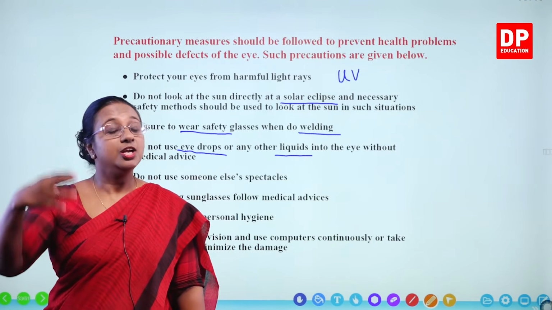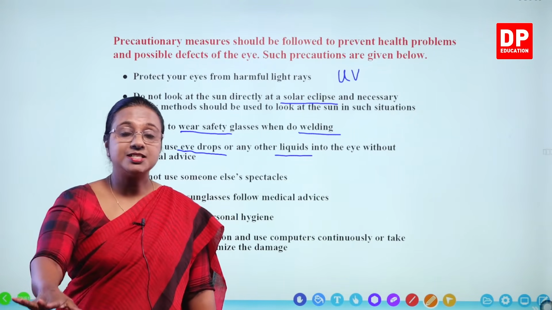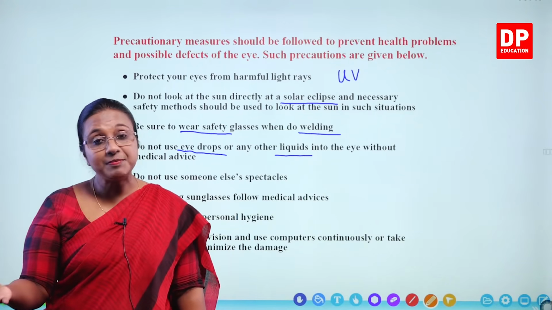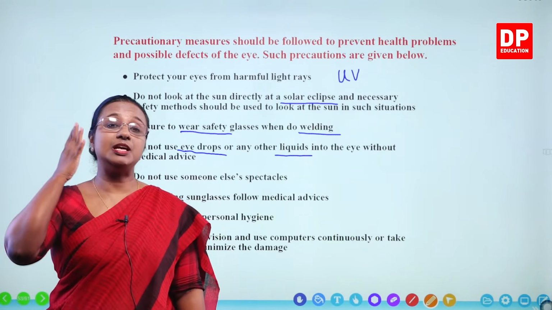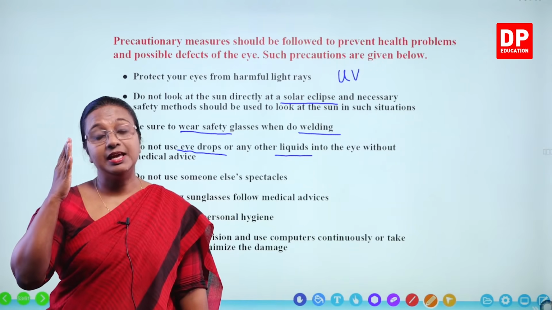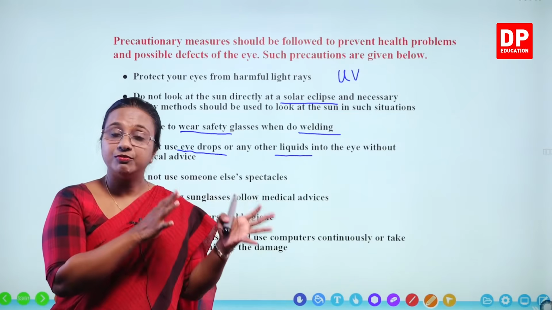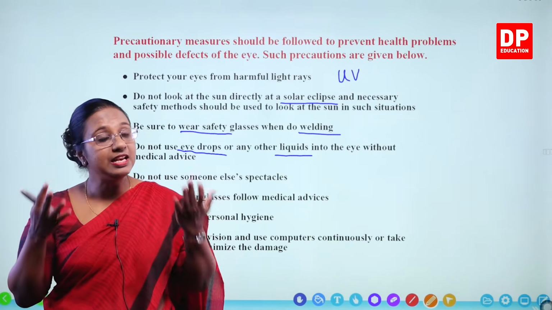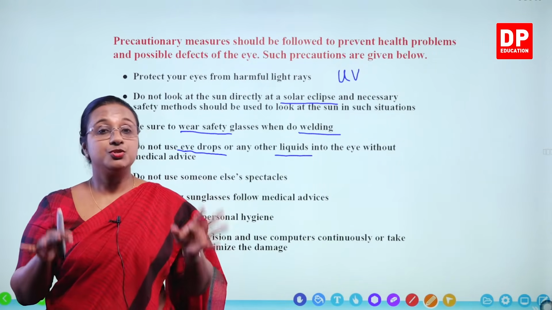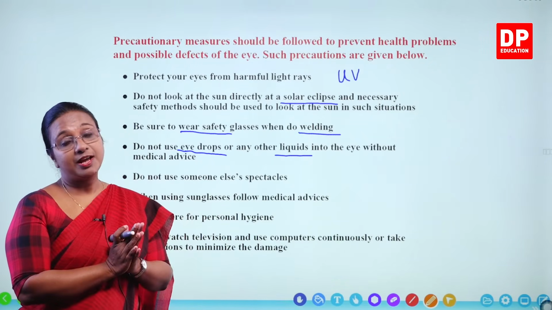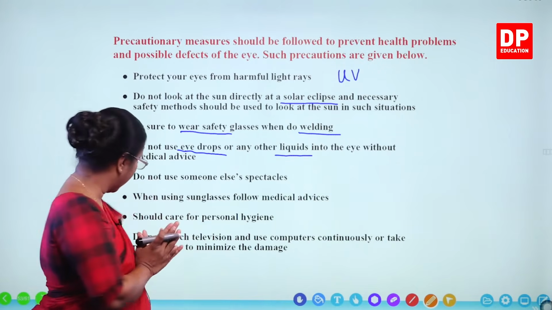In the same way, you go to the lab, maybe you touch the surface of the working table, and there can be chemicals on it. Then if you place your hand inside your eye, the eye can get damaged. So to prevent that, you have to wash your hands first and then touch your face. So by maintaining personal hygiene, you can prevent a lot of problems caused to the eye.